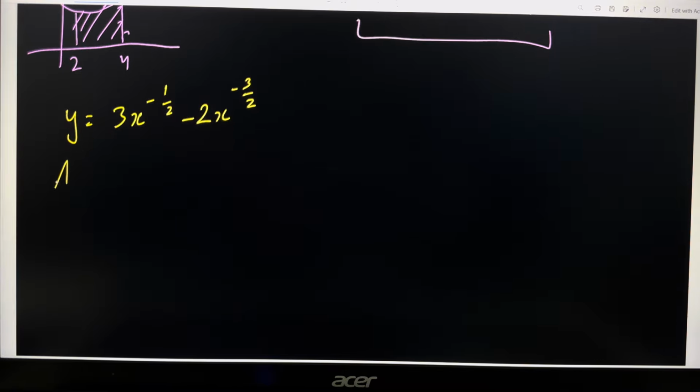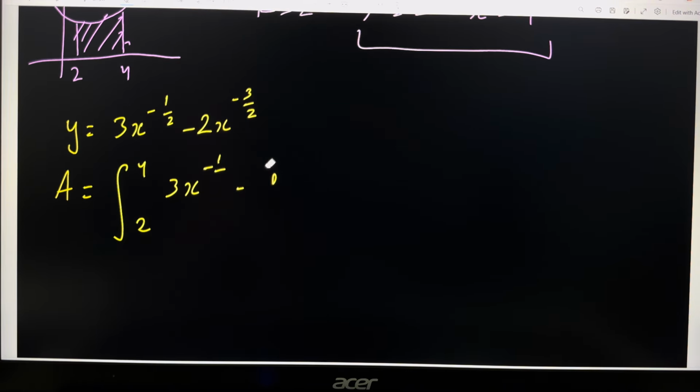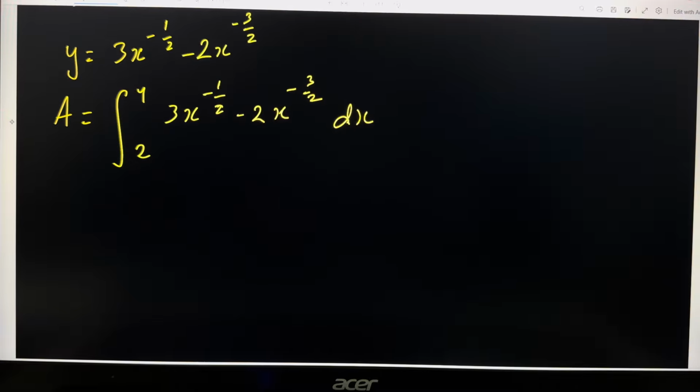All right, so A is equal to the integration from 2 to 4 of 3x to the power 1 upon 2 minus 2x to the power minus 3 upon 2, with respect to x, of course. Okay, now let's integrate this.